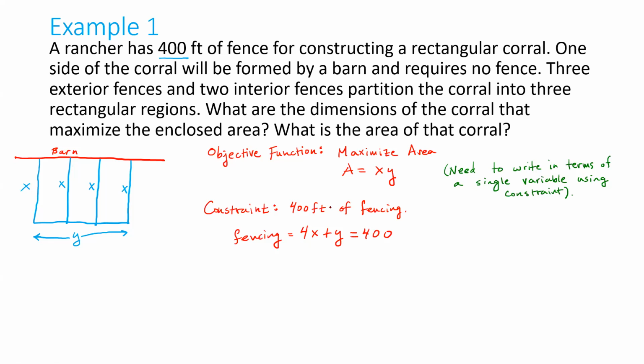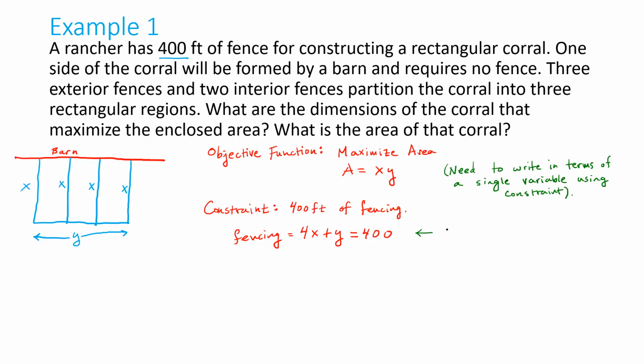Okay, so now we've got a restriction on x and y that we can substitute into our area equation. Notice, we can combine this constraint equation with our area equation to get area as a function of a single variable.